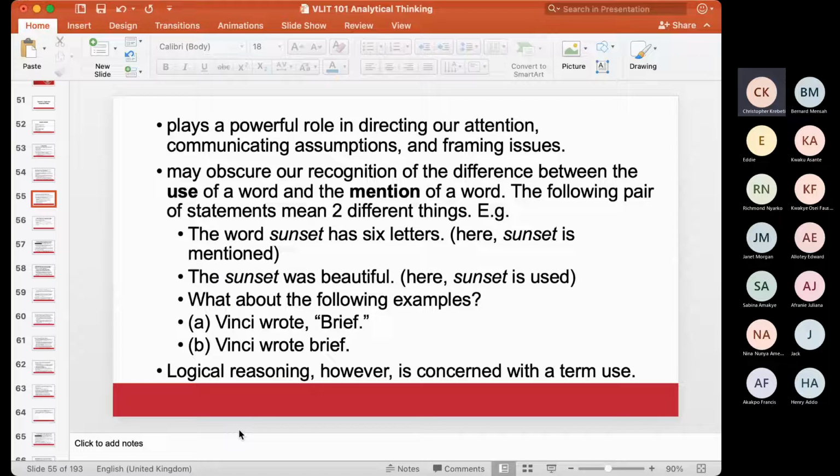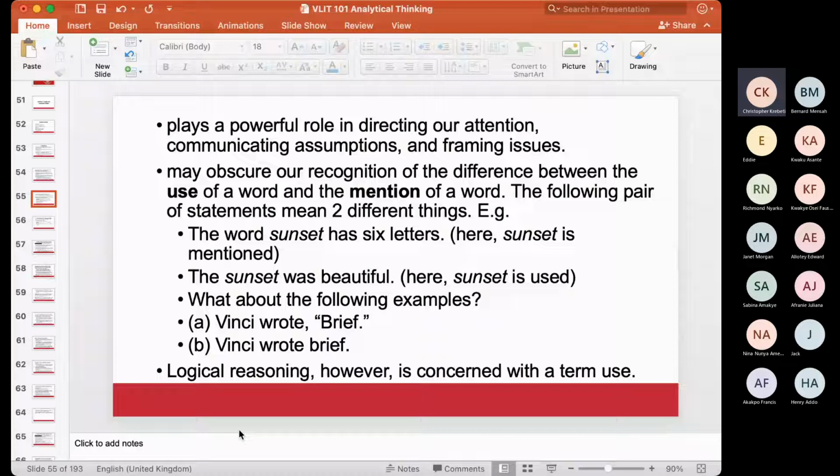When you come across a word in a sentence, it may be that the word has no significance. If the word has no significance, then probably the word is merely being mentioned. If the word has significance, then the word is actually being used.